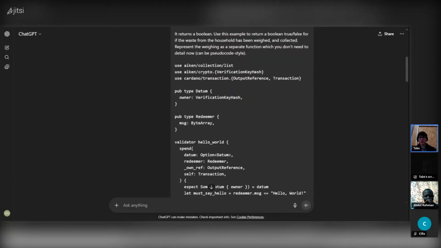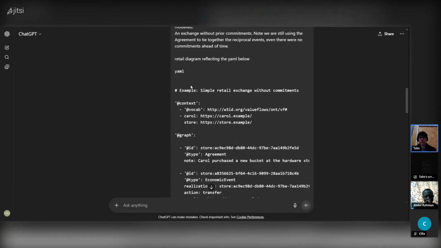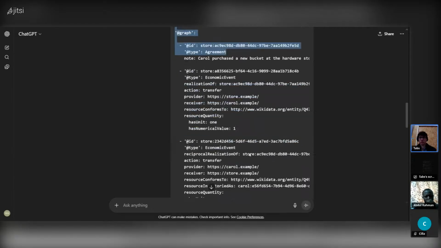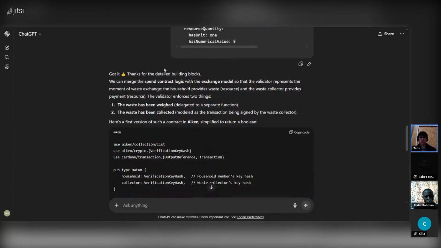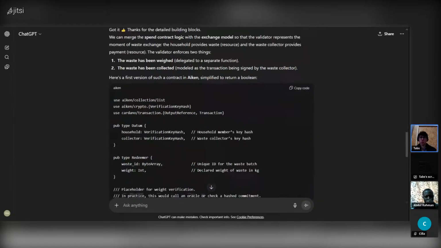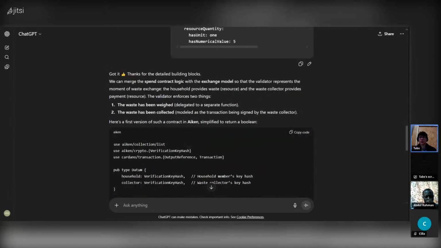We said, this is a smart contract example. This is an exchange agreement for the type of exchange that we want. Now, produce a smart contract for this type of exchange. And that's where we got to. So we can carry on from there.